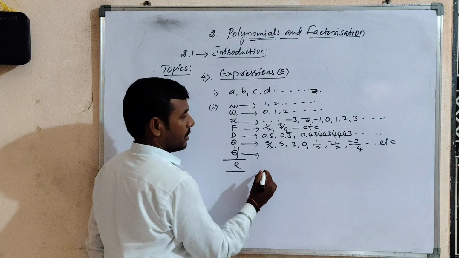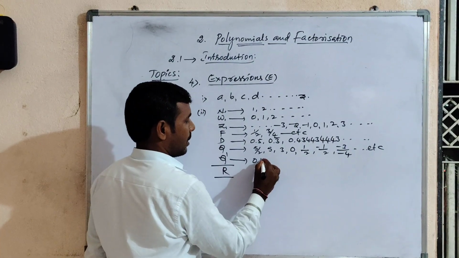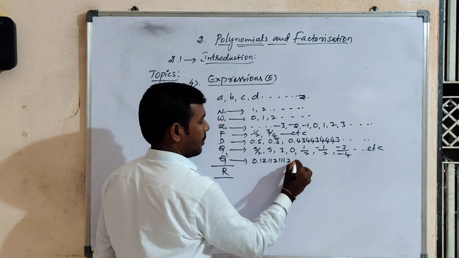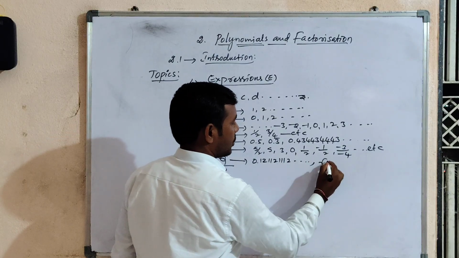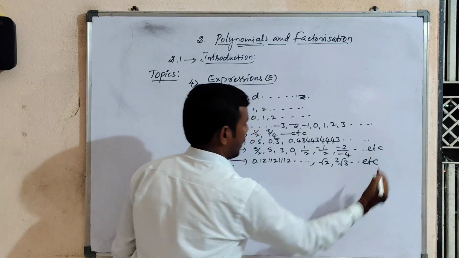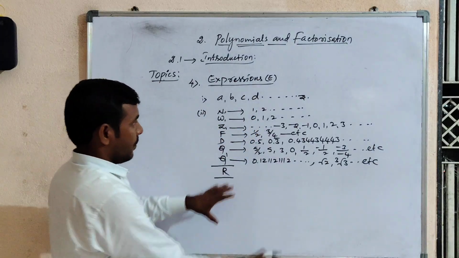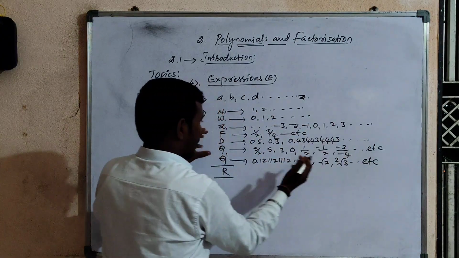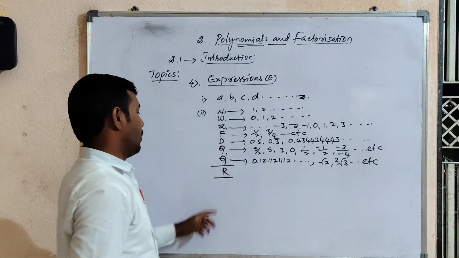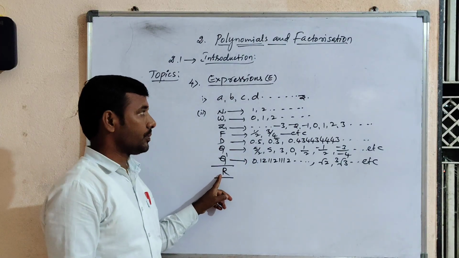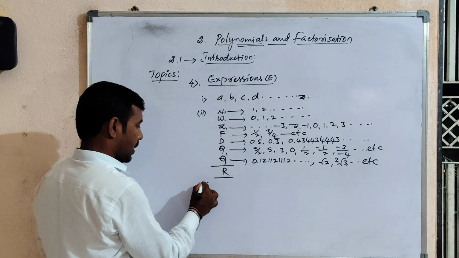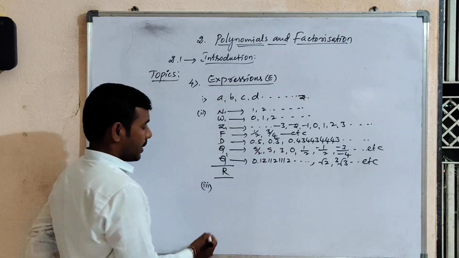Irrational numbers like square root of 2, cube root of 3, etc. These are irrational numbers. When all these values are mixed together, we get real numbers. Okay, no problem. Let us go with the third point. What is the third point?